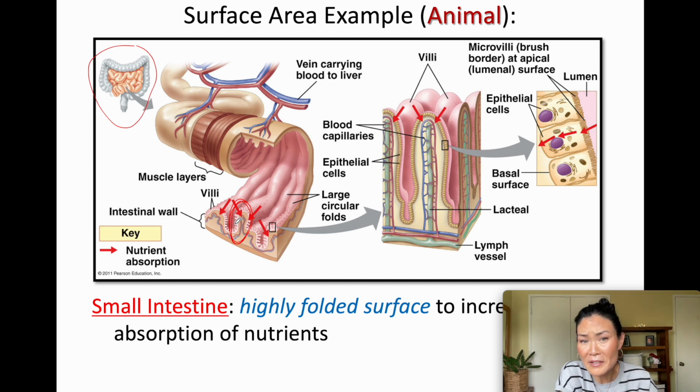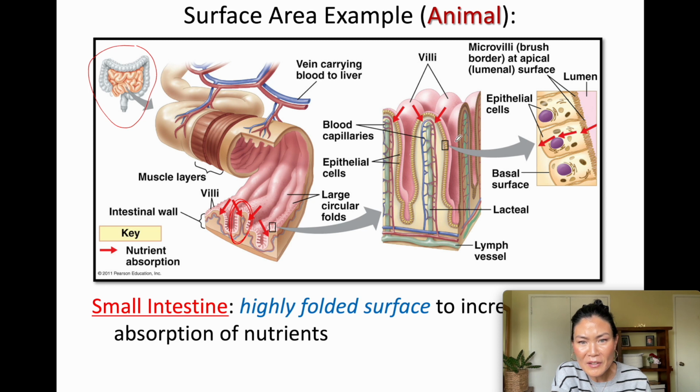And I know that in our textbook, it even says that the surface area of your intestines is so big that it's the size of a tennis court. Okay? So you have the surface area the size of a tennis court, and it makes it so efficient to absorb food. Actually, your intestine doesn't get rid of waste, but it absorbs food, okay?